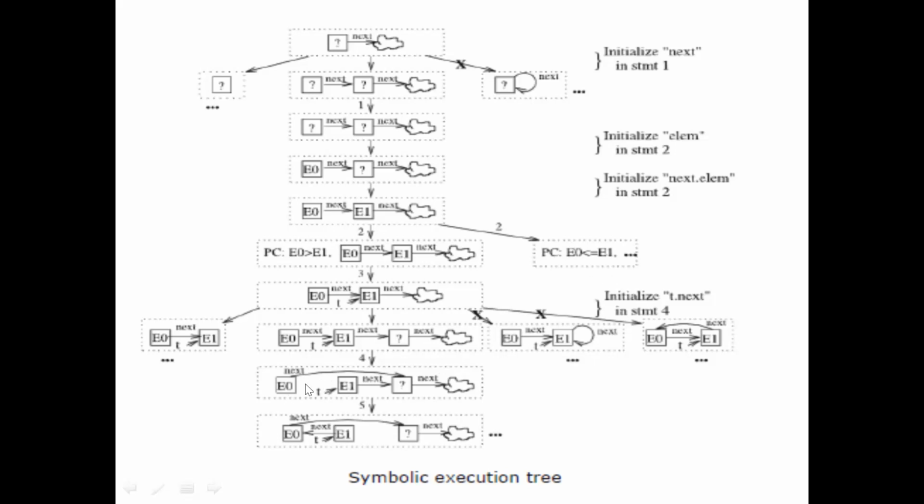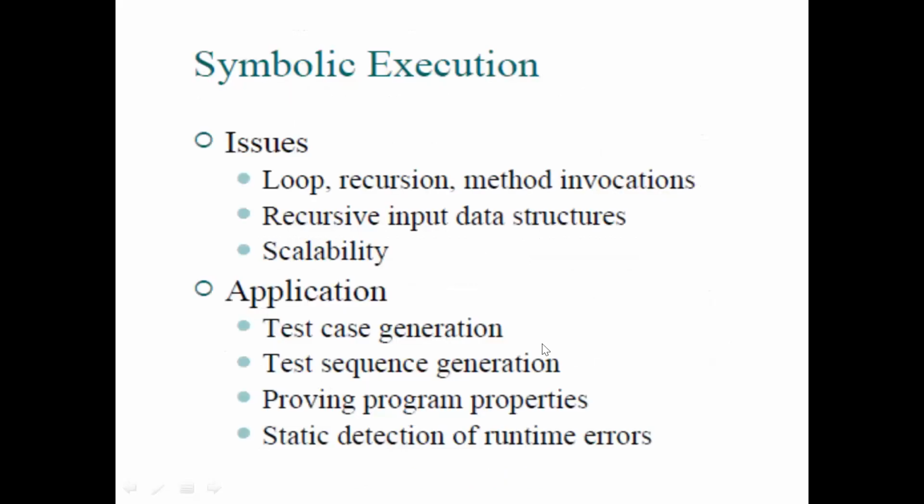The same way, if you take here, we will take the first element and t.E1, the second element is created, and its next pointer points to, and the address points to this pointer. So what are the issues we'll face in symbolic execution?